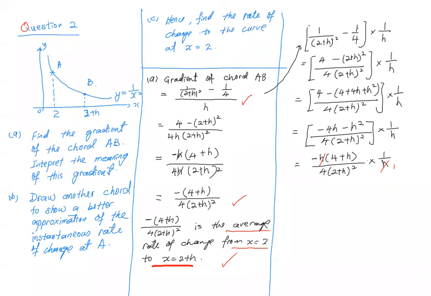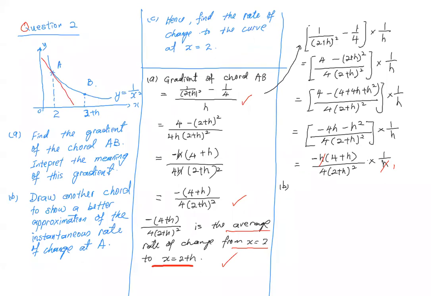Okay, part B. They said draw another chord to show a better approximation of the instantaneous rate of change at A. I'm going to draw the tangent at point A. So this is a tangent at point A, correct?